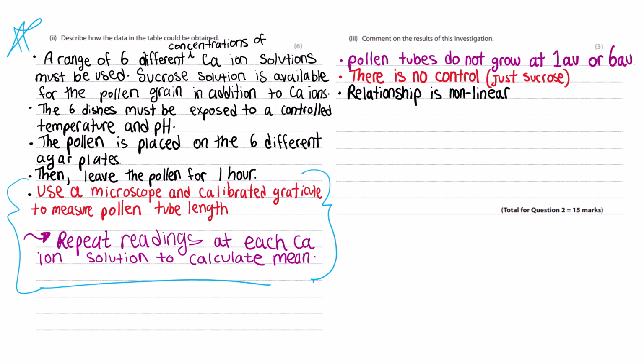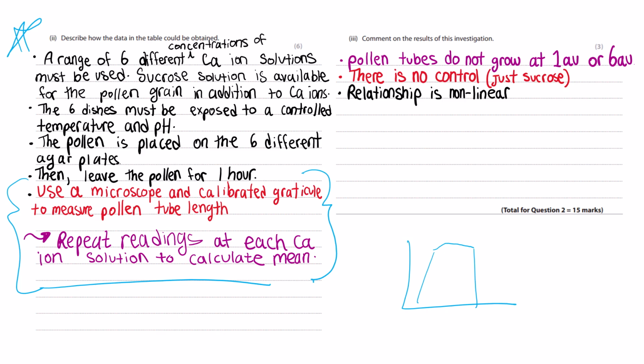Okay, the next question is comment on the results of this investigation. Well, pollen tubes do not grow at 1 arbitrary unit or 6 arbitrary units. This information can be seen from the graph that we drew up previously. And there's also no control.